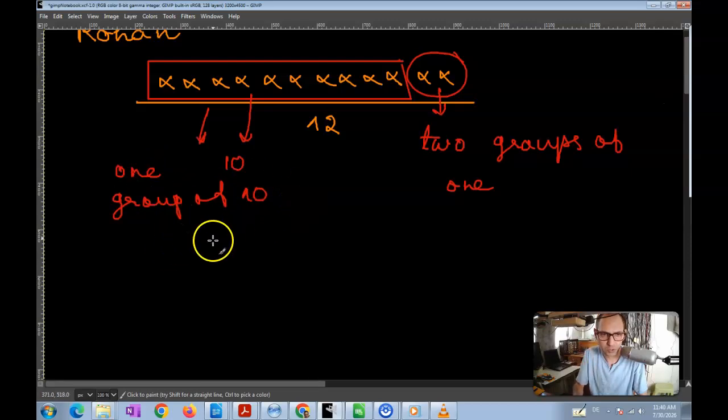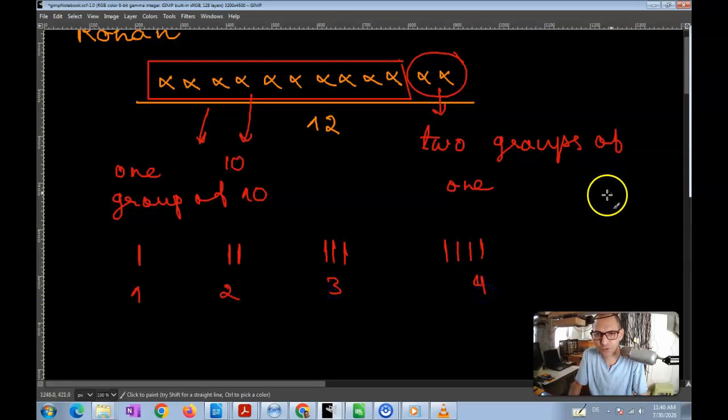When they wanted to write a 1, they would write it this way. To write a 2, they would use 2 of these sticks. To write a 3, they would write it this way. To write a 4, they would write it this way. So this was a 1, this was a 2, this was a 3, this was a 4, and then a 5 would be a 4, and then a slanted line like this, that would be 5.